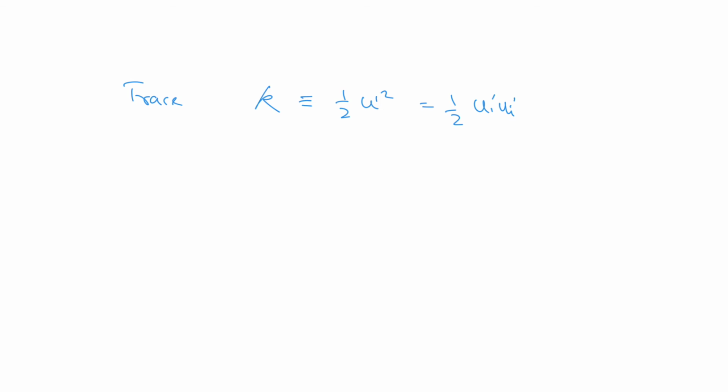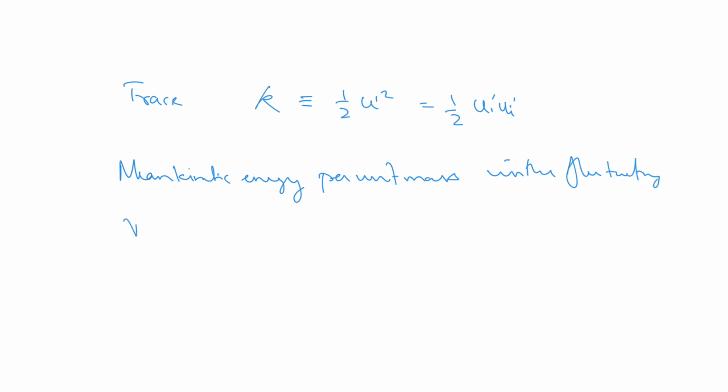What does this convey? This is mean kinetic energy per unit mass in the fluctuating velocity field. So this is the information we are getting from the trace of the Reynolds stress tensor.